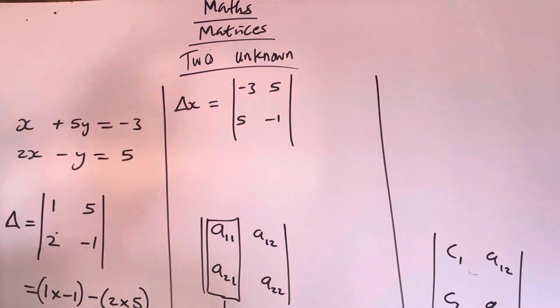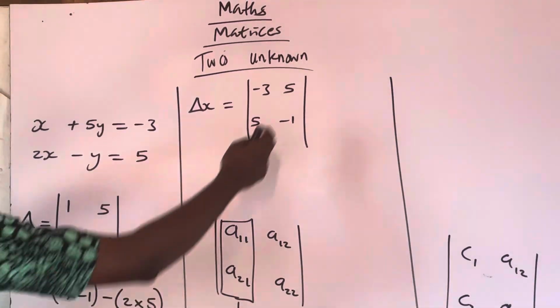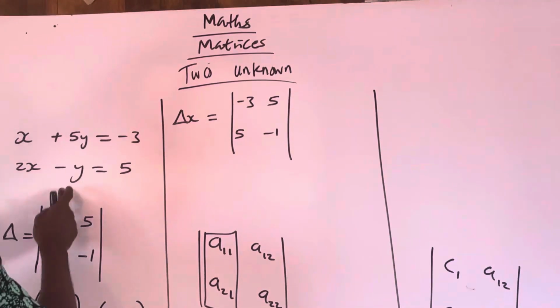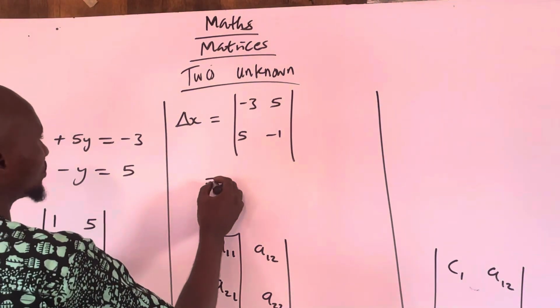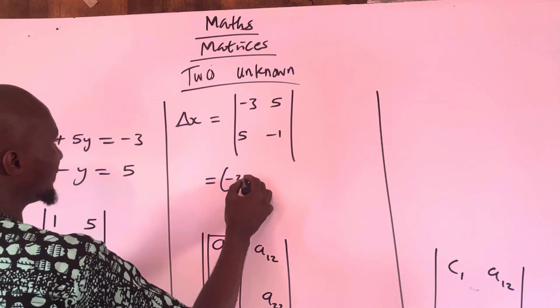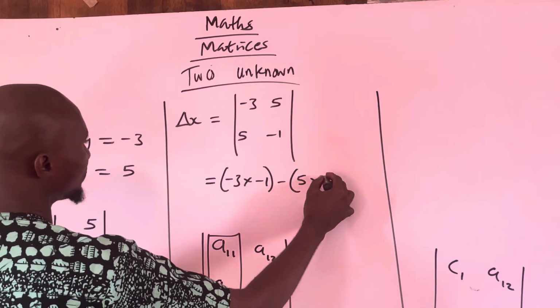Let me explain again. Where did I get minus 3 from? 5. What about this 5 and minus 1? Did you understand? Good. So this one is going to be minus 3 times minus 1, then minus bracket 5 times 5.